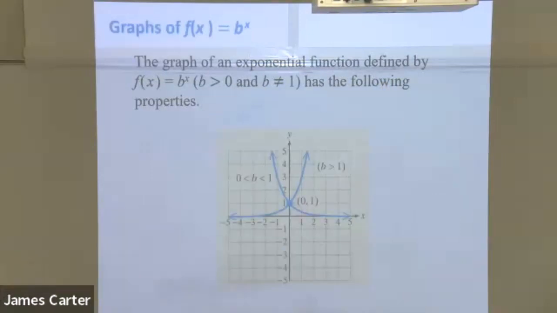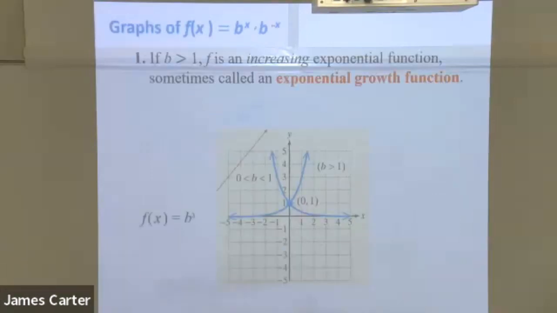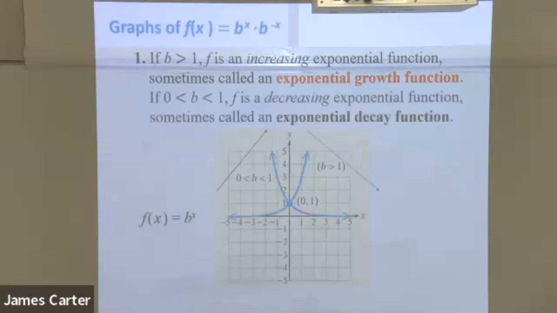Well, here's just a summary on that. Some language: a graph going down this way is called decay. One going this way is called growth. Kind of obvious if that were in a business chart.